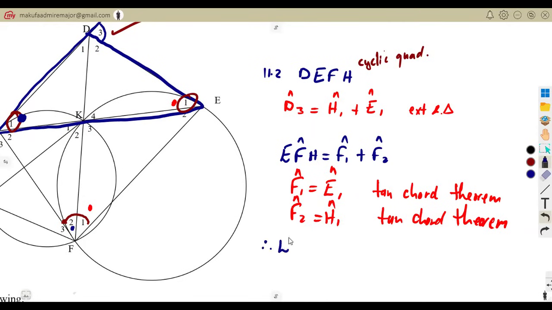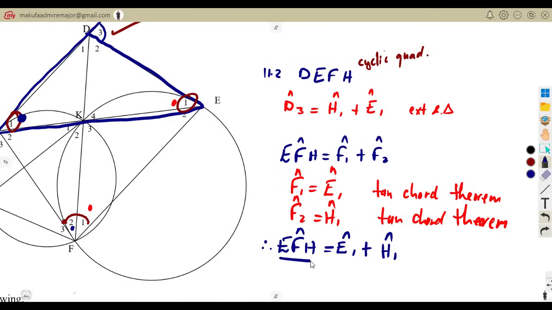It means EFH is equal to F1 plus F2. F1 is equal to E1. What about F2? F2 is equal to H1. It means it is also equal because these two, they're equal.